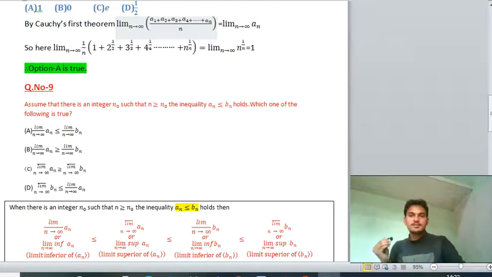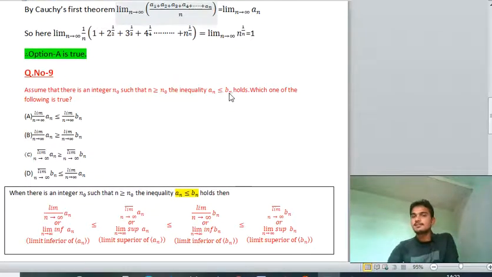Then question number 9. It is given: assume that there is an integer n0 such that for n greater than or equal to n0, the inequality an is less than or equal to bn holds.